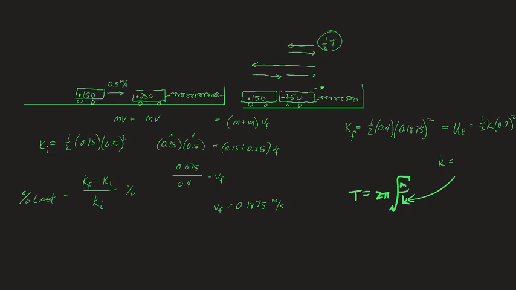Thank you. You're welcome. The cart's attached to a string here. And this cart is still moving at 0.5 meters per second, still has the same mass. And during the collision, the two carts join together and swing upwards, something like that.